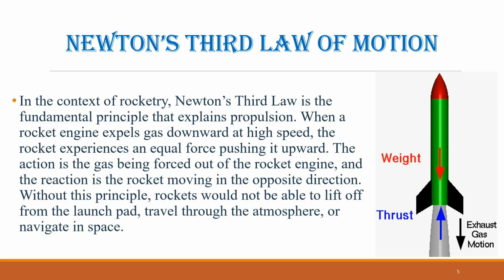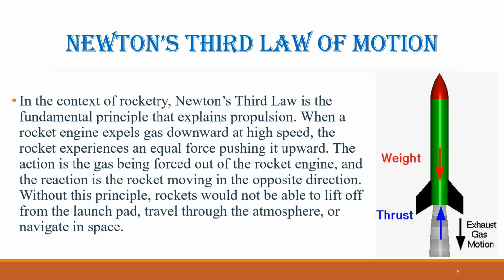However, this is not the case. The apparent difference in motion occurs because the skateboard has much less mass than the rider. The same force produces a larger acceleration in the skateboard due to its smaller mass, a concept that will be explained in detail when discussing Newton's second law.